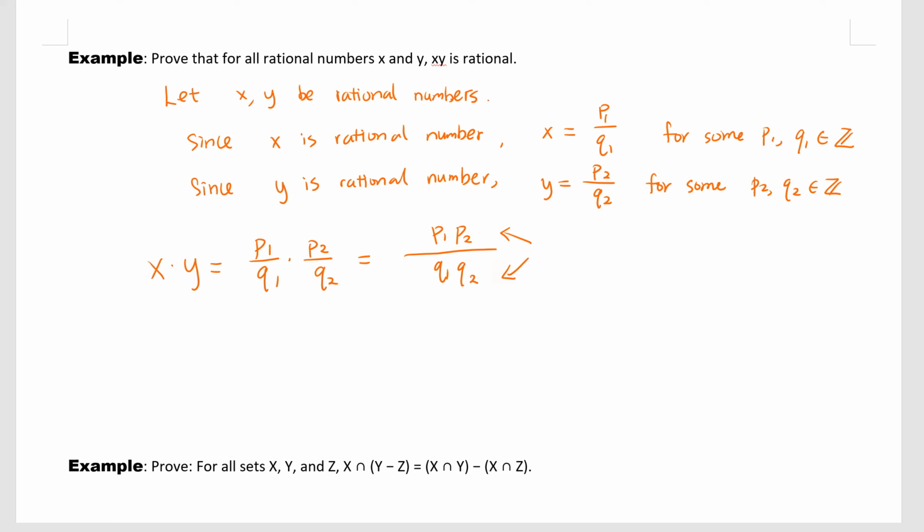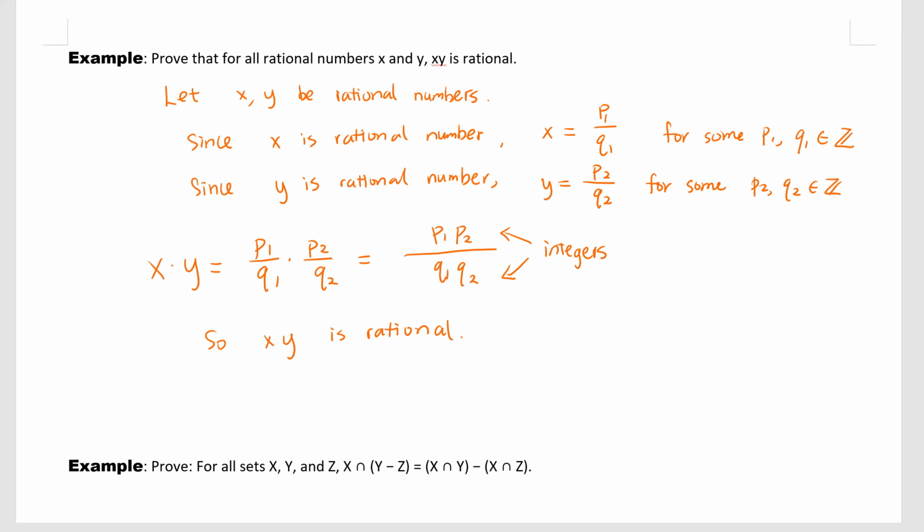Notice that the numerator and the denominator are both integers. So by definition, we can say xy is rational. So far, so good, everybody.